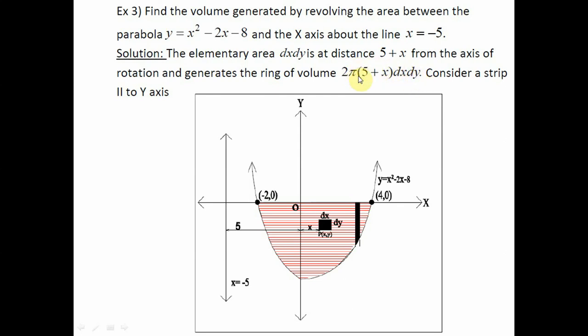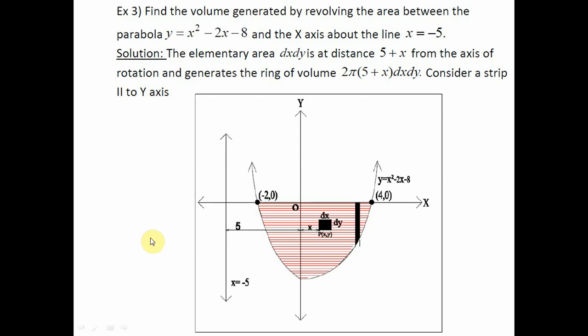So this is the volume generated by the ring when we revolve this area about the line x is equal to minus 5, and therefore to get the total volume we integrate this function over the region A. To get the limits of the inner integral and outer integral in this region we consider a strip parallel to the y-axis. So first we find out the limit of the inner integral and then the outer integral.